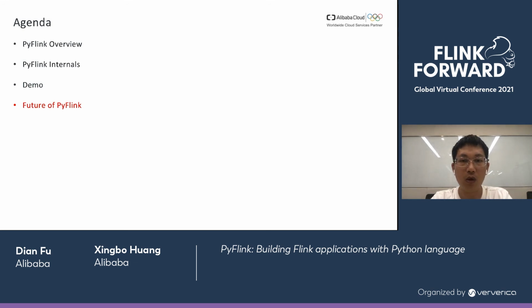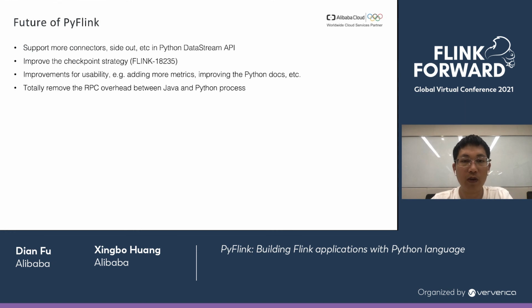Let's see what we want to do in the future for PyFlink. PyFlink is becoming more and more mature after more than 2 years of development. However, there are still quite a few areas we need to improve. For example, on the connector side, currently all the Table API connectors can be used in the Python Table API. However, this is not the case for the Python DataStream API.